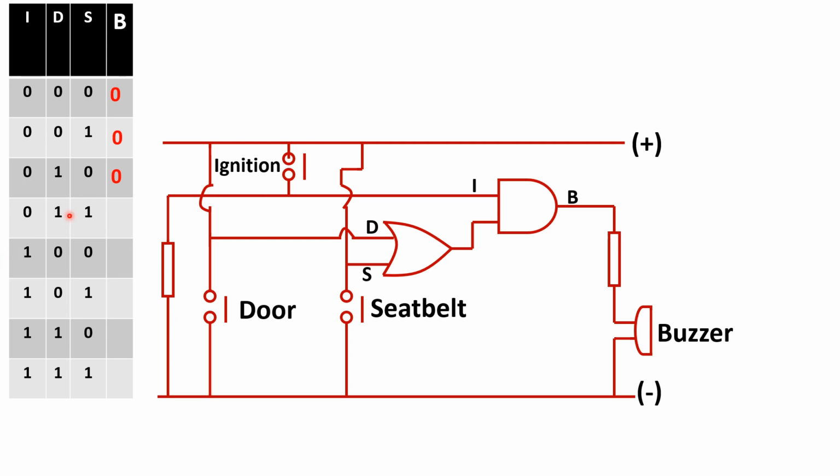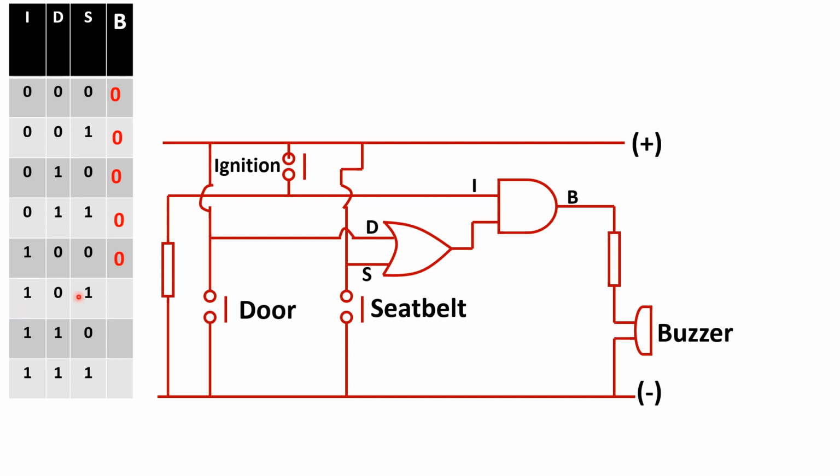So we continue filling this up until we have completed them. For 0, 1, 1, our output will be 0. For IDS 1, 0, 0 respectively, the output at B will be 0.